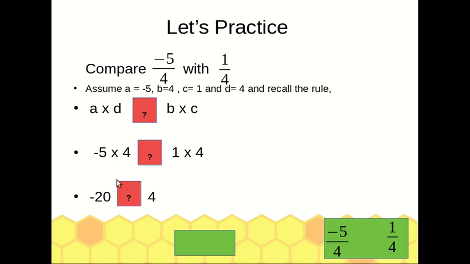Minus 5 into 4 is minus 20 and 1 into 4 is 4. All of you know that minus 20 is less than 4 because negative numbers are always less than positive numbers. Therefore minus 20 is less than 4. Therefore this left side rational number minus 5 upon 4 is less than 1 upon 4.